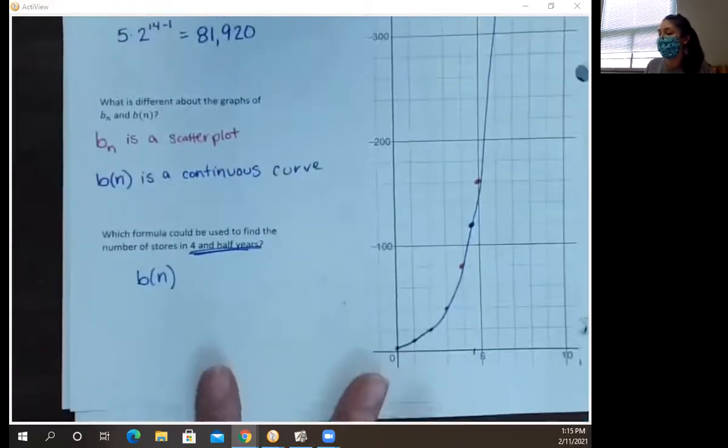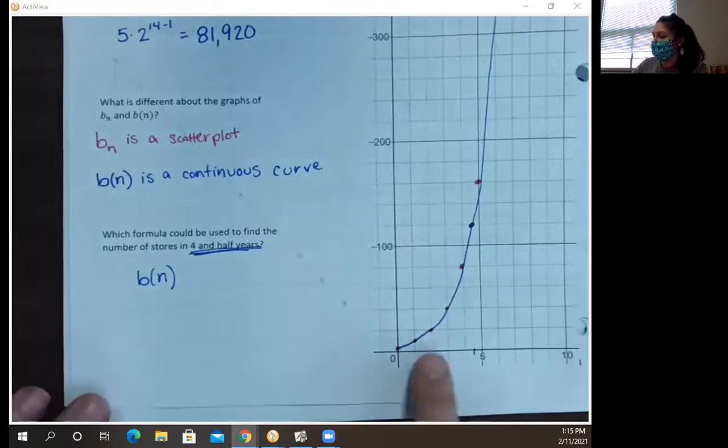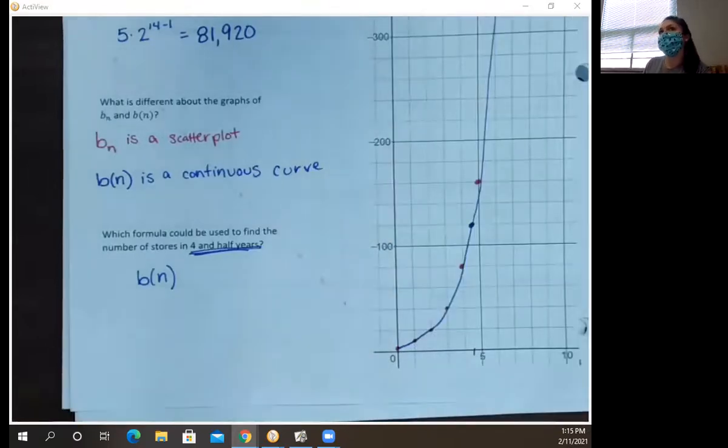So that's where we're going to head as we get more and more into the function aspect of our exponential. We've seen from our sequences linear and exponential patterns. Now we're going to formalize that exponential stuff in function form. Instead of talking about it as a way to describe a sequence, we're going to look at exponential functions when I've got all those points in between.